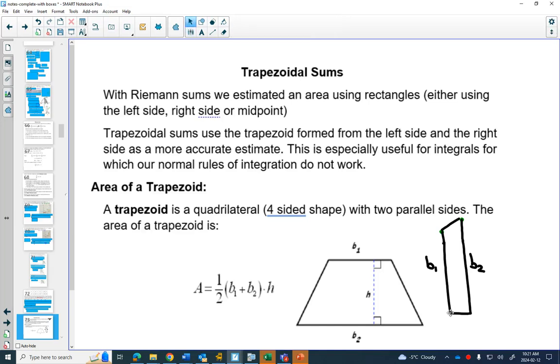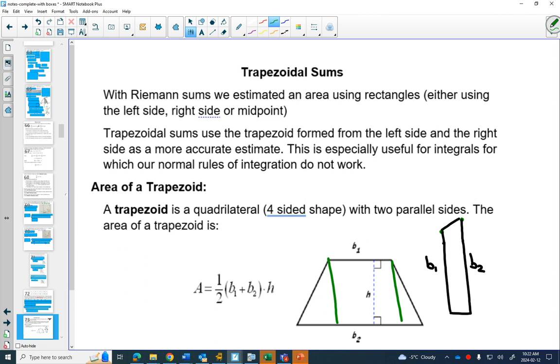And the area of a trapezoid is 1/2 (b1 plus b2) times h. This is actually easy to see as a formula, because every trapezoid with two parallel sides like this, you could split it here and get a rectangle in the middle and two triangles.